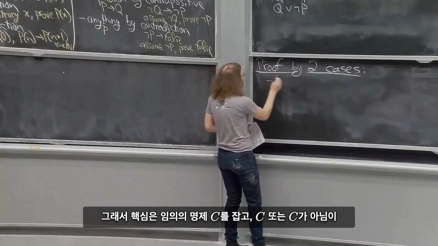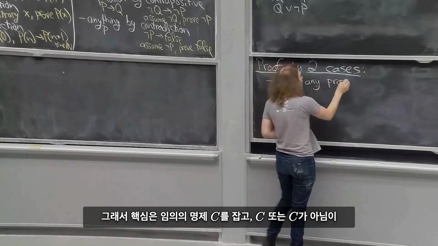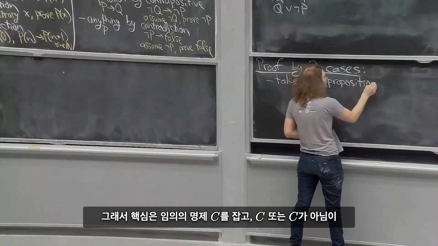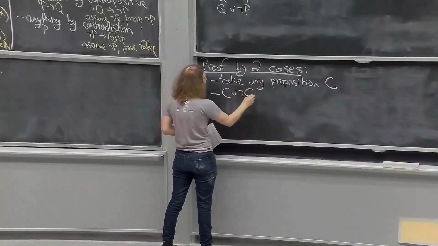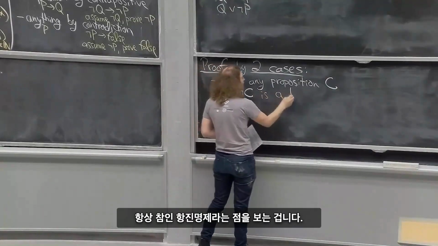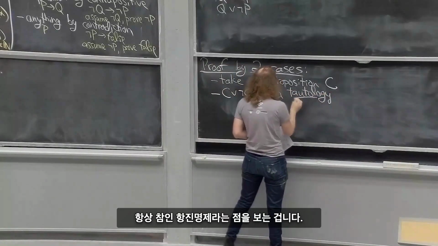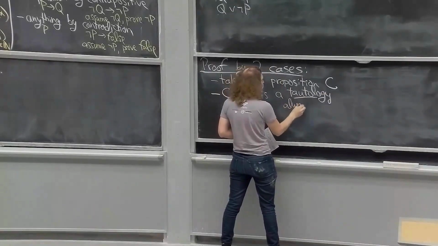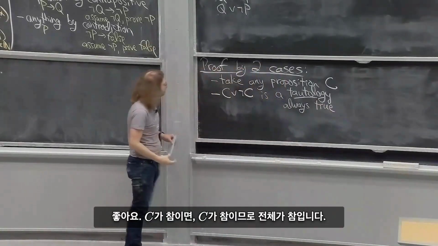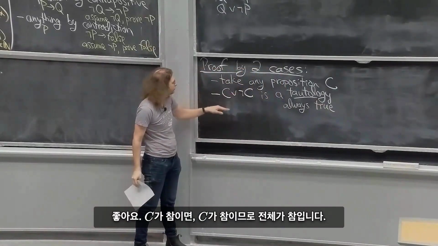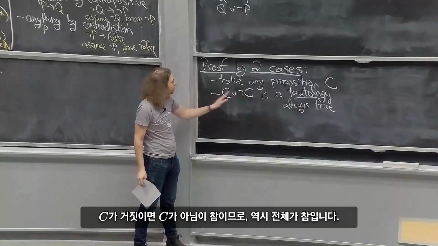So, the idea is take any proposition C and observe that C or not C is a tautology, meaning always true. If C is true, then this whole thing is true because C is true. If C is false, then not C is true, and so this whole thing is true.